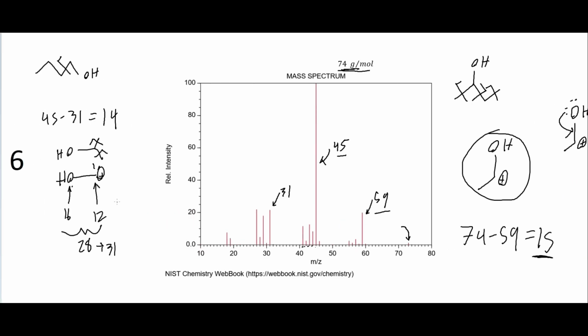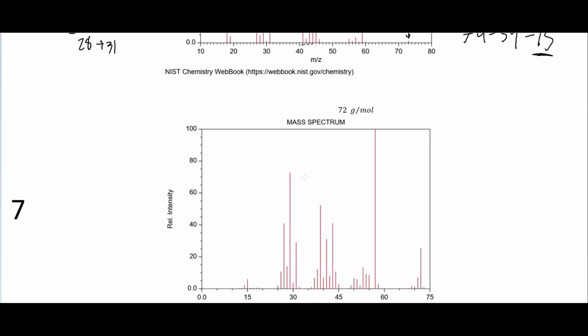And so if we go down to our next one here, we have an M plus of 72 grams per mole. It looks like that one is in fact showing up on here. Then some of these other fragments that we see: this large one here, our base peak, looks like it's 59, 58, 57 right there. Looks like we have another large-ish peak right here, which appears to be 39, and we have this one here which looks like it's at 43.